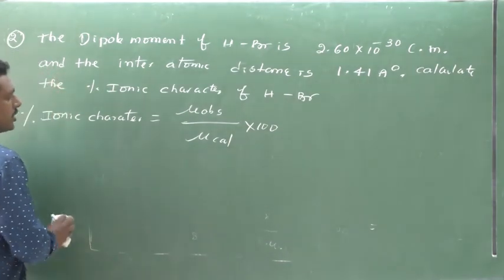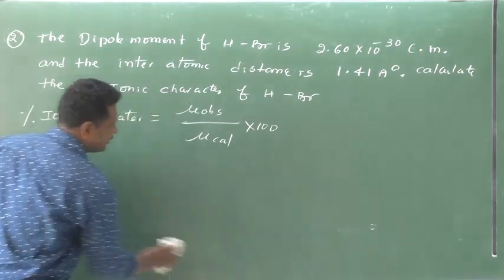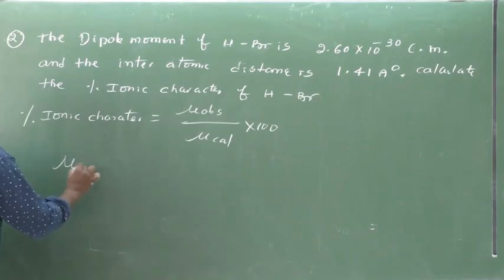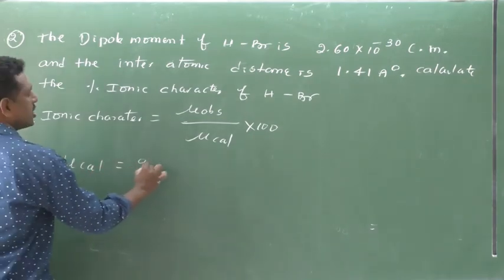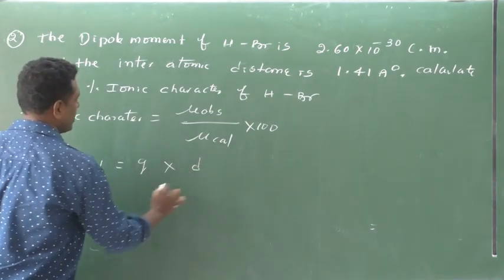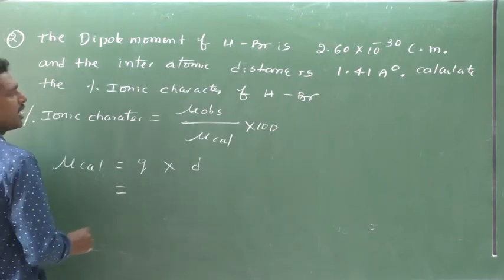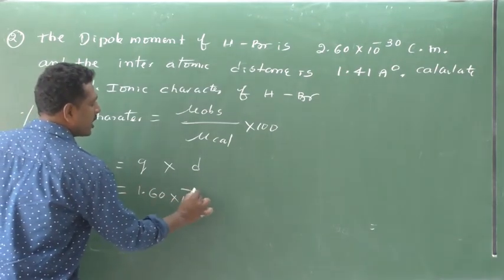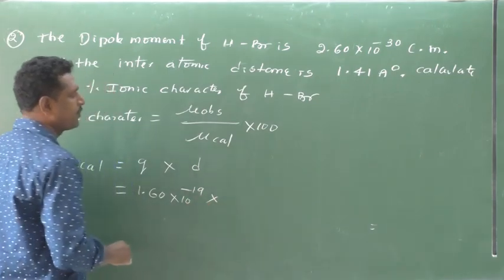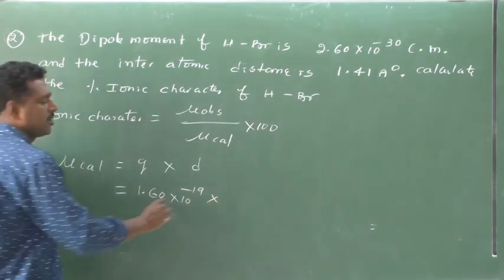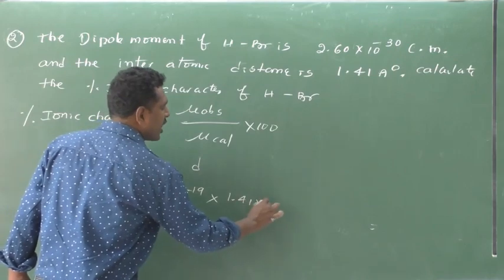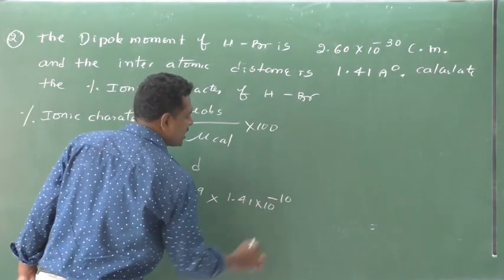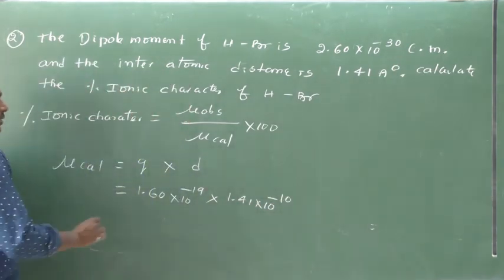Now we calculate mu calculated. So mu calculated equals charge into distance. Charge in coulombs is given, 1.60 into 10 power minus 19, and distance is 1.41 into 10 power minus 10 meters.